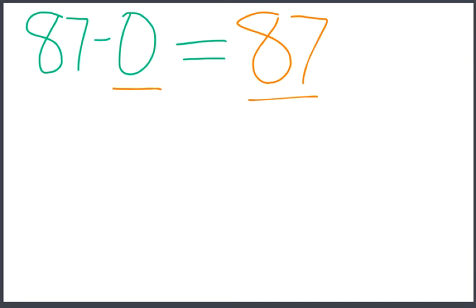Do you think this will always be true, even with very large numbers? Yes, even with 87 and much bigger numbers, it will always be true, because when we subtract 0 from any number, the number remains the same. Because when you take away nothing, it stays the same.